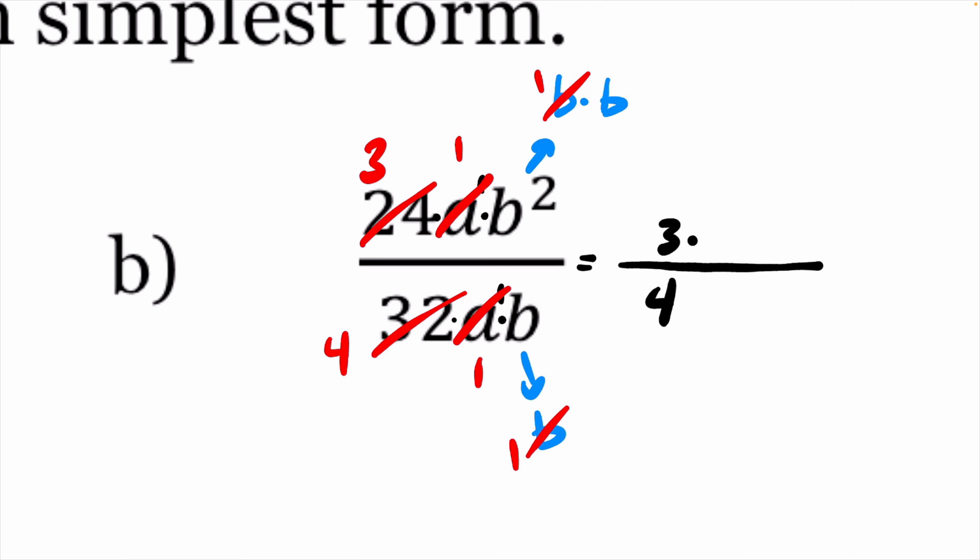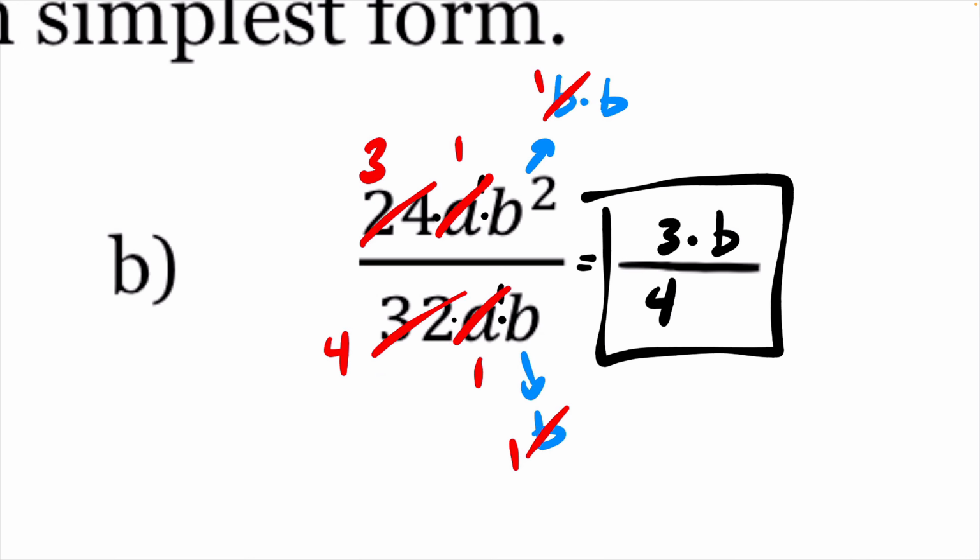On top, I have 3 times 1, 3, times 1 again, also 3, times B. So on top, I have 3 times B. Because all those 1s are just times 1, times 1. Anything times 1 stays the same. On bottom, I have 4 times 1 times 1. 4. No A's or B's left on the bottom. You're done. Okay, that's how you reduce or simplify monomials. Okay?